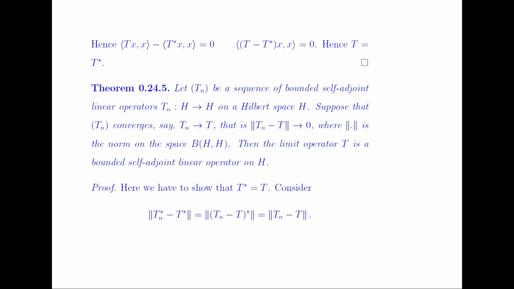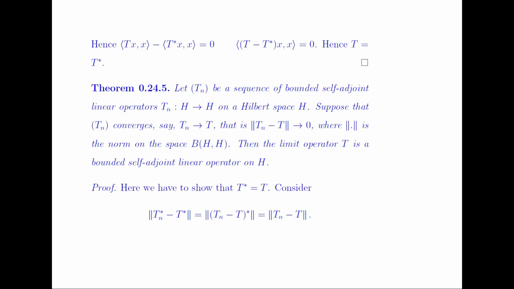Then the limit operator T is a bounded self-adjoint linear operator on H. So we found that where the sequence of bounded linear operators is converging, that limit operator is a self-adjoint bounded linear operator. So we have to show that T star is equal to T basically.